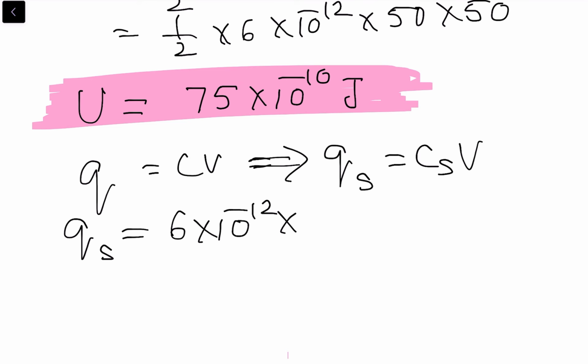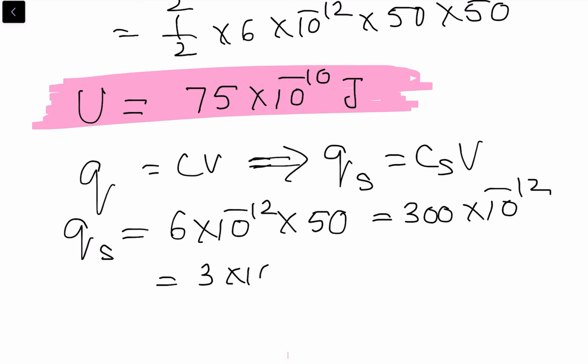Voltage is 50 volts. Then you will get 300 into 10 to the power of minus 12, or 3 into 10 to the power of minus 10 coulombs. This is the charge that is drawn in the series combination.